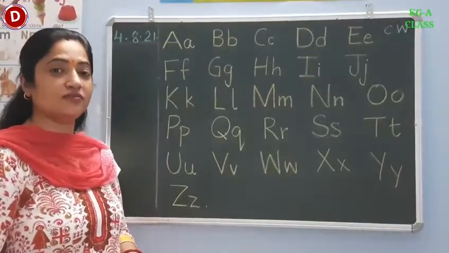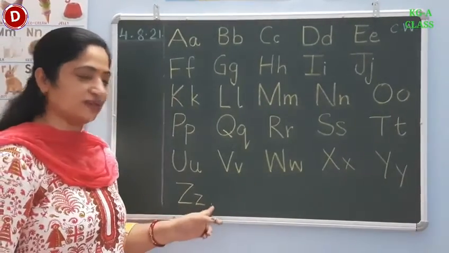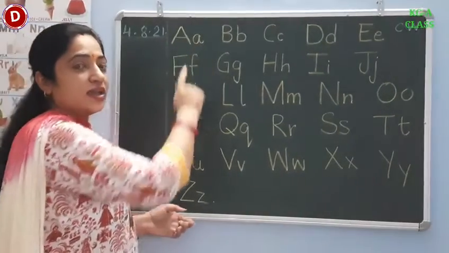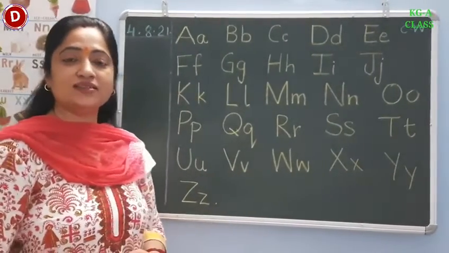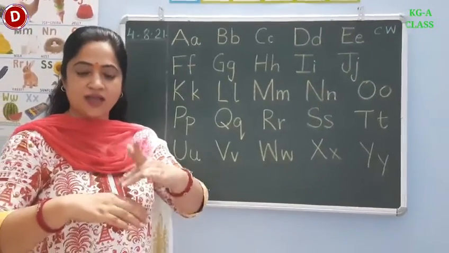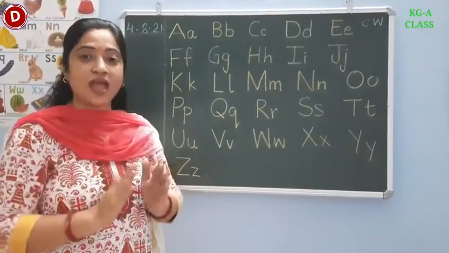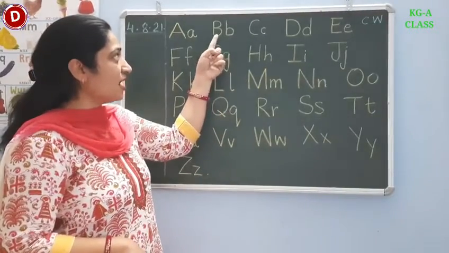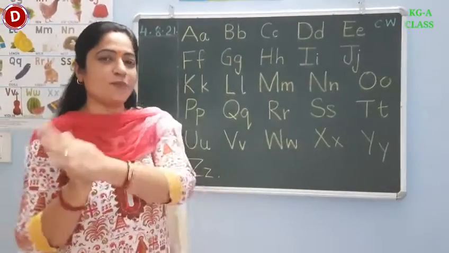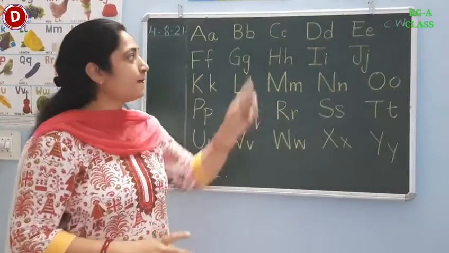Children, now let's revise phonic songs and sounds of the letters A to Z. Let's start. Children, this is capital A and this is small a. A says a. Now comes B. This is capital B and this is small b. B says b, ball. Bring your bat and bring your ball to the park to play ball.